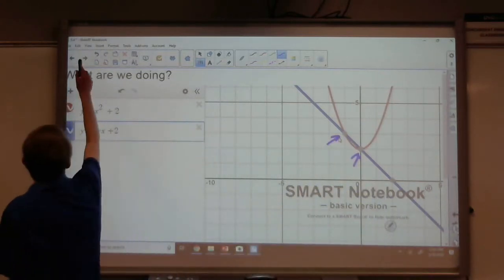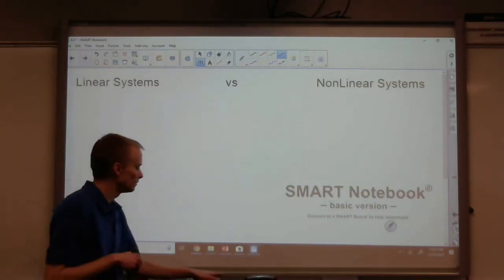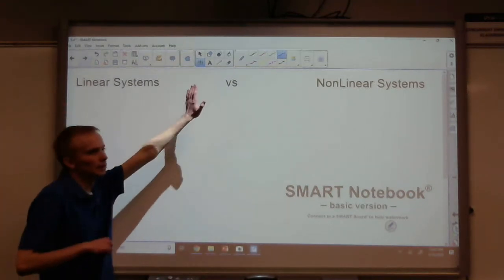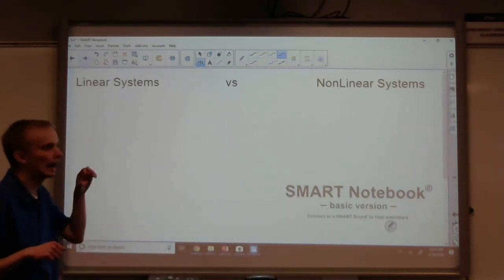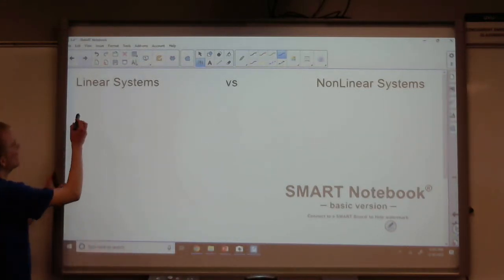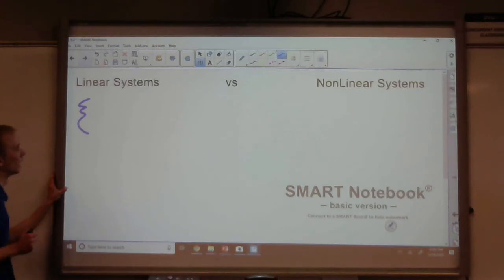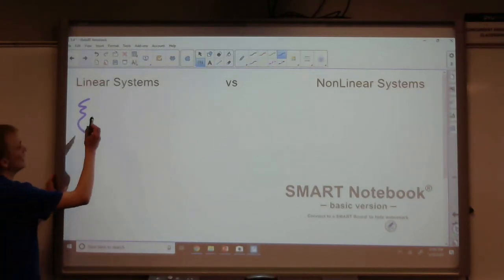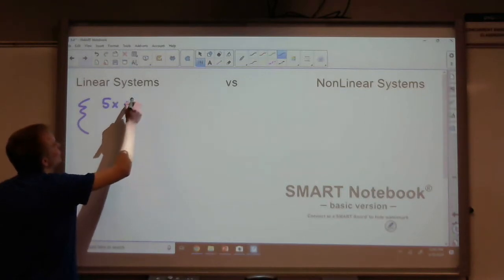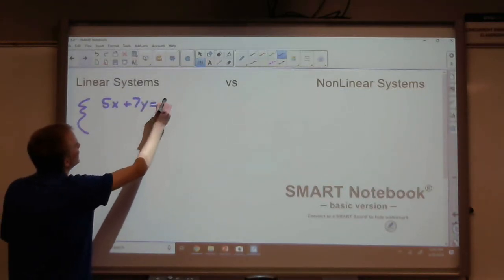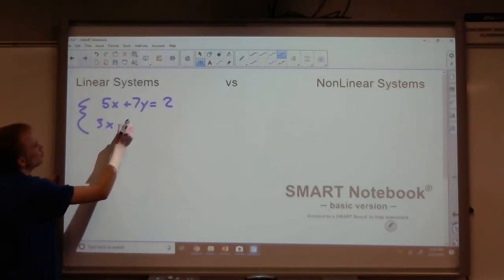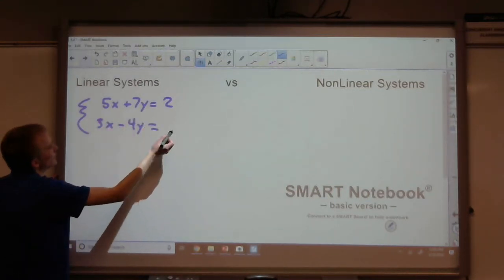So I am going to briefly talk about how we tell if a system is nonlinear. What's the difference between a linear system and a nonlinear system? An example of a linear system is something like this: 5x plus 7y is 2, and 3x minus 4y is 7.